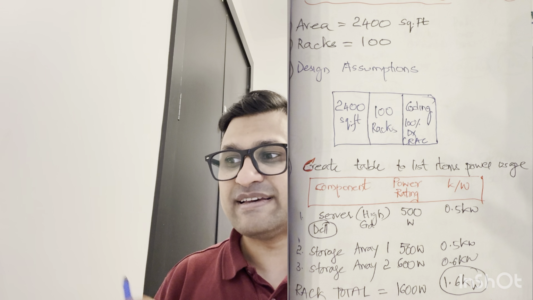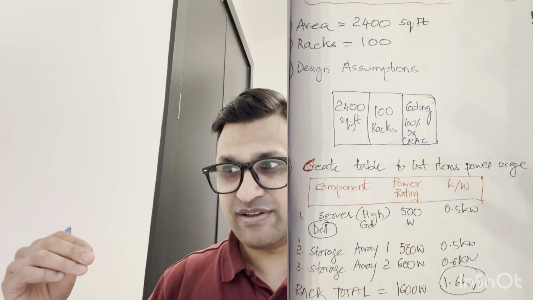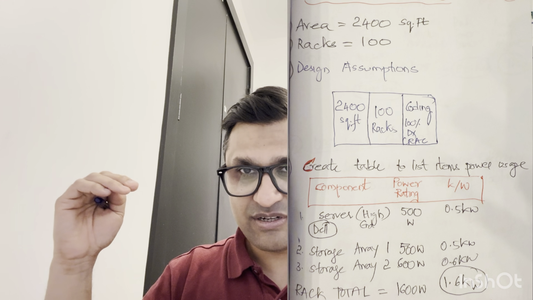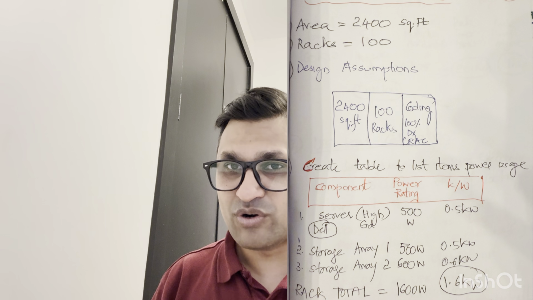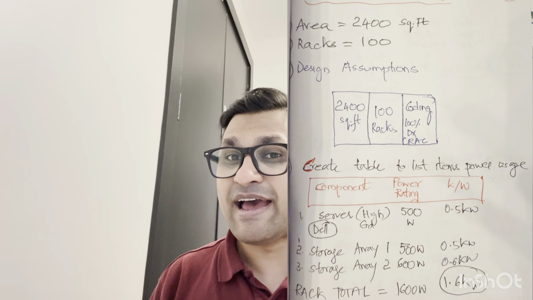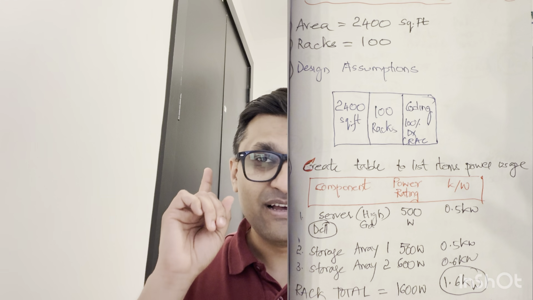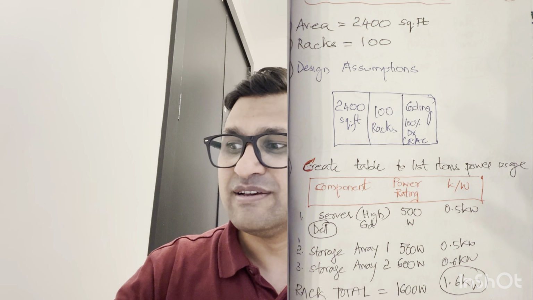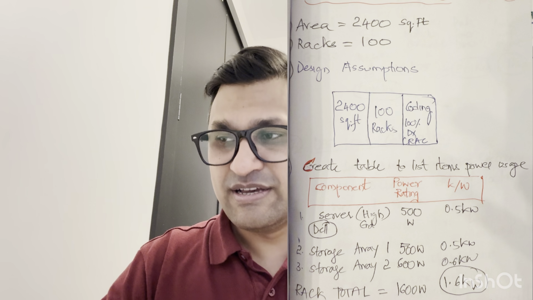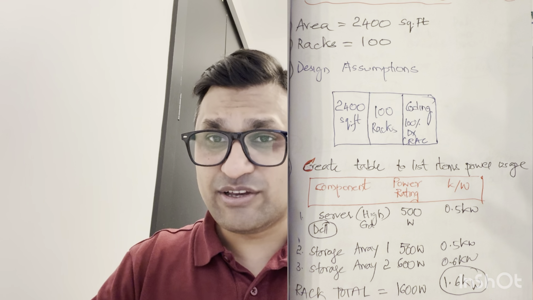The total for the rack, adding the server and the storage array power, is 500 plus 500 plus 600. That's about 1600 watts, which is 1.6 kilowatts for one rack. So for 100 racks, it's about 160 kilowatts. So 160 kilowatts is the design calculation for the power requirements for 100 racks.